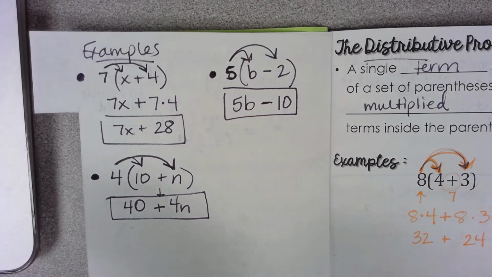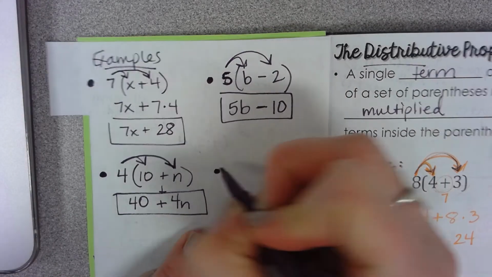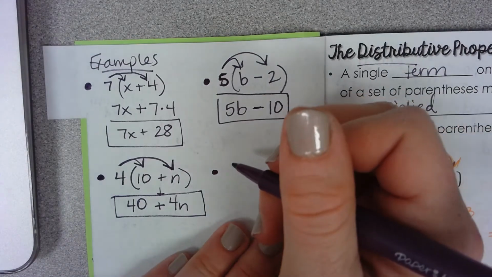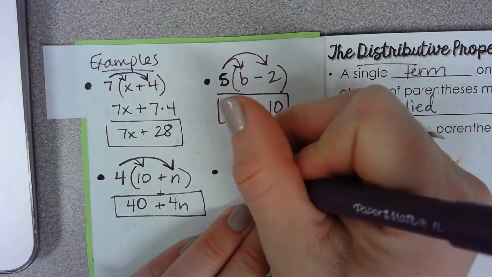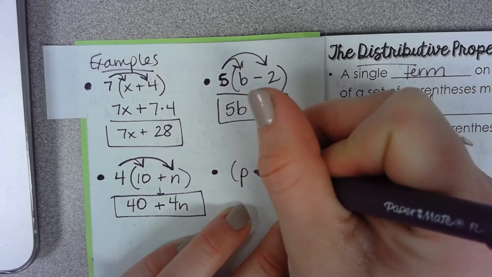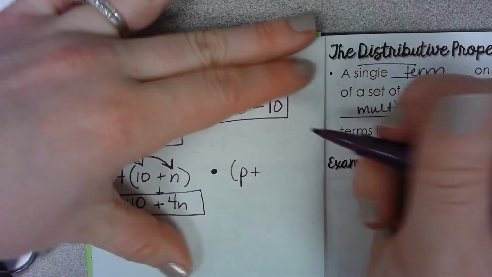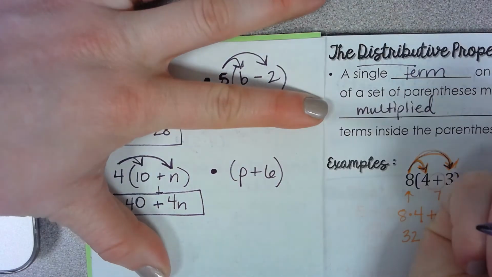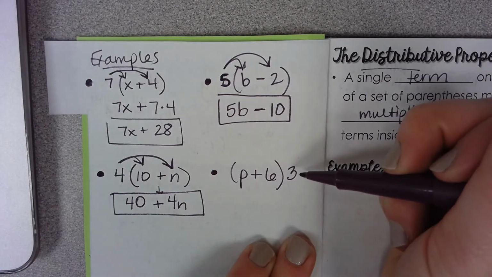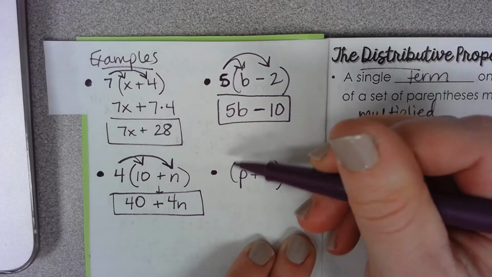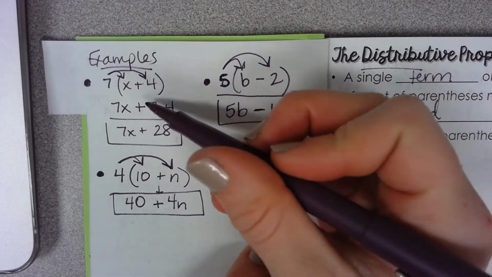All right, one more. I'm going to do the following problem. Let's use p plus 6 on the inside, and let's do 3 on the outside. And you'll notice that my outside term is actually on the opposite side of the parentheses than what it was in these 3 problems here.